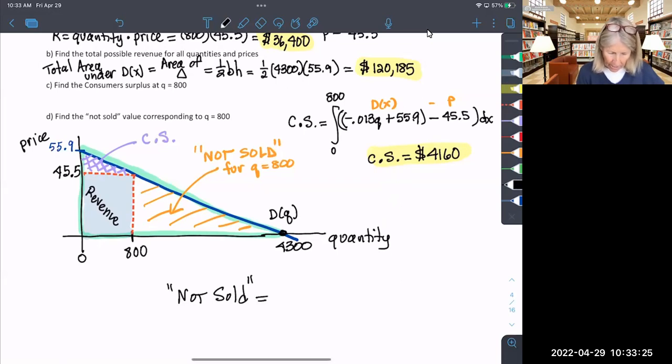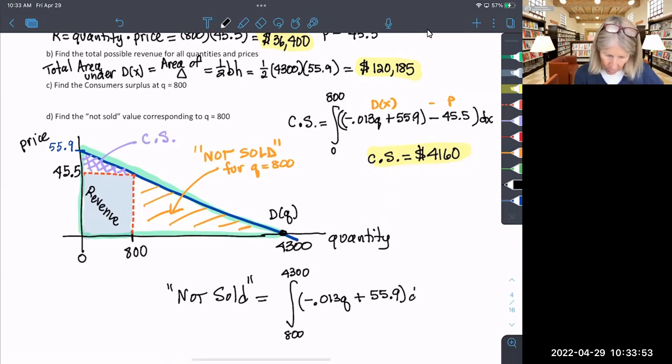So if I want that area kind of highlighted in orange there, I'm going to have to do the integral starting at 800 and going over to 4,300. And I'm going to be getting the area under the curve, which is the demand function, which is negative 0.013 Q plus the 55.9.